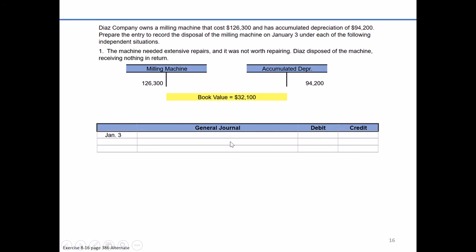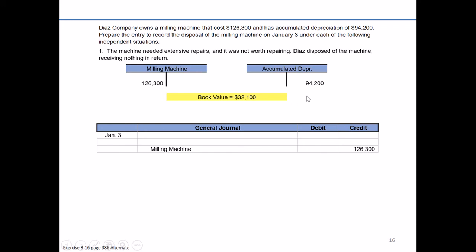So let's start to think about how we build this journal entry, and I'm going to do it a step at a time. Let's first remove the milling machine cost from the asset balance. This is an asset, it's got a debit balance, so we would credit milling machine to remove it because we no longer have this asset. So credit milling machine for $126,300.